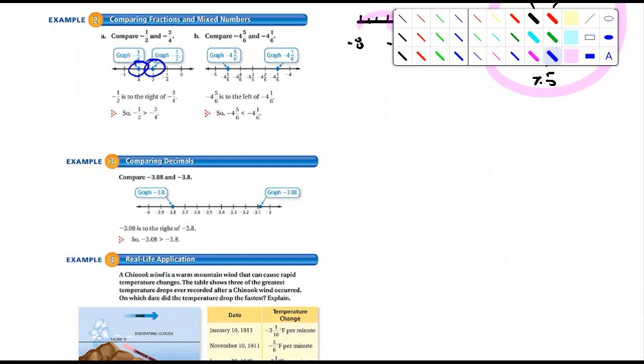You should know and understand that the -3/4 would be further to the left. In this one here, it says graph -5/6 and graph a -1/6. And again, you should realize that the -5/6 would be further to the left.